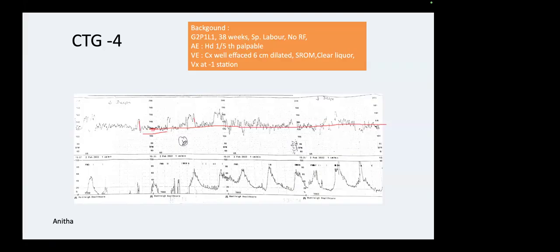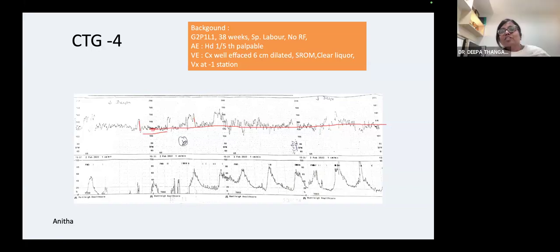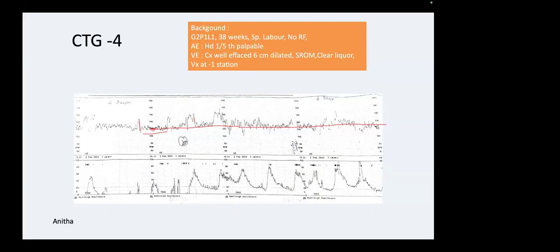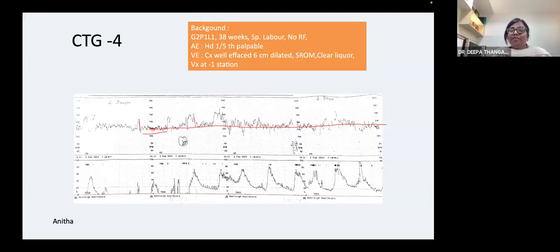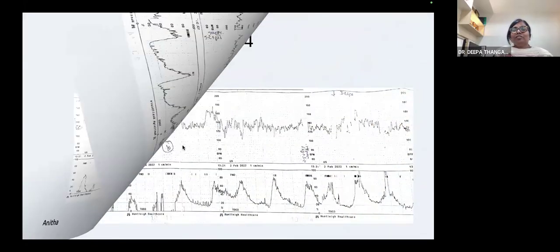Ma'am, the overall impression is it is a normal CTG. Since she is 6 centimeter dilated, I will continue the FHR monitoring. Will you start oxytocin? Ma'am, 3 good contractions are there, so no need. You don't need. Okay. Yes, ma'am. Good. Very good.